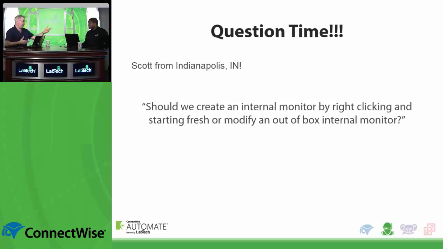That's why what we like to do is tell them to go down the path of right-clicking and making a copy of an existing monitor, because we have so many internal monitors already in there. When you can visually see, oh, this monitor is looking for something in the services table, and we're looking for the status of the service to be not running, and this stuff in the additional conditions, this is logical, you kind of get it.